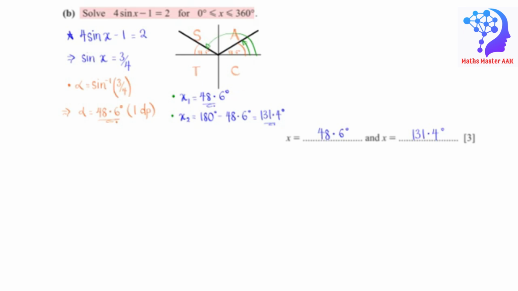When we go around the quadrant the second time, this angle becomes 180 degrees minus 48.6 degrees, giving us 131.4 degrees. And so our final values for x are x equals 48.6 degrees and x equals 131.4 degrees.